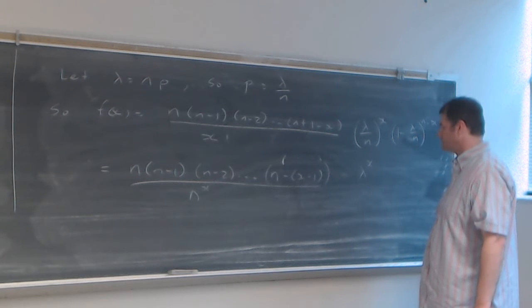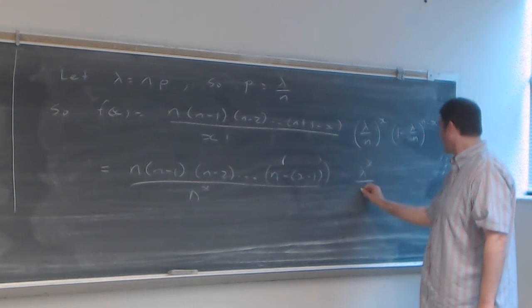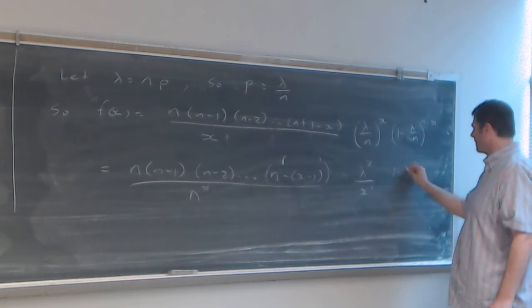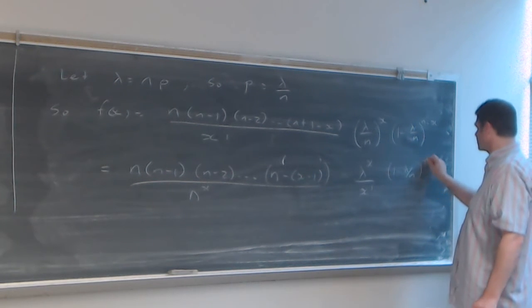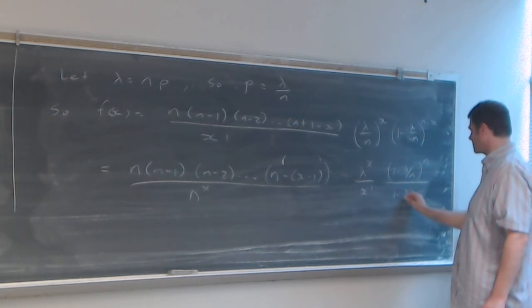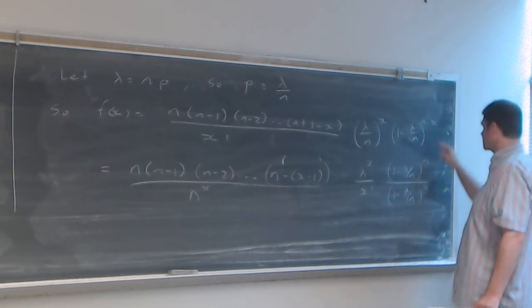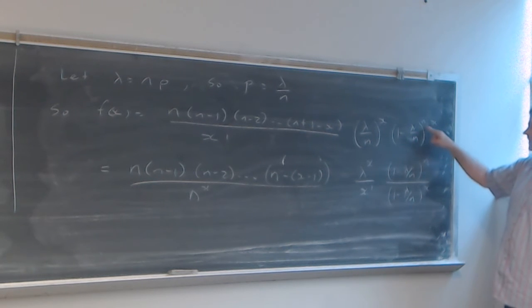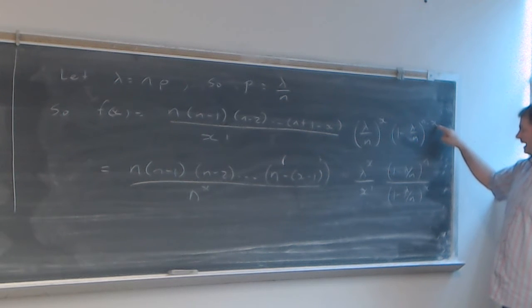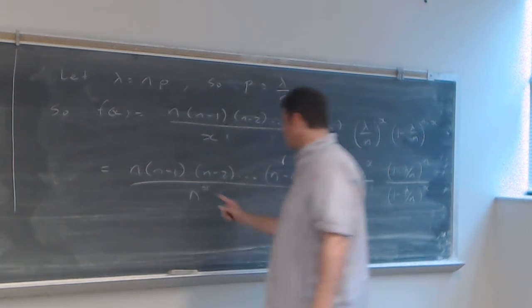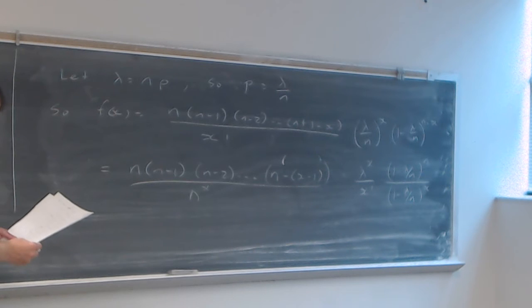And then here I'm going to put the x factorial. Here I'm going to rewrite this as 1 minus lambda over n raised to the n, times 1 minus lambda over n raised to the minus x, and pull the minus x part to the bottom and make positive x. And then we'll look at each part of these. Okay? All right.